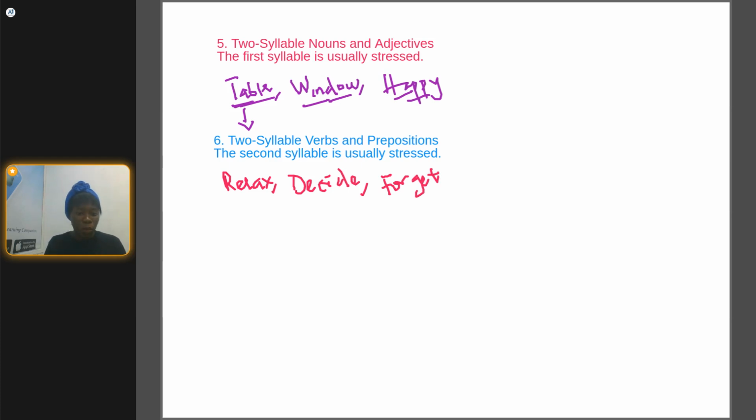These words are two-syllable words, and as you can see, they are verbs here. So it means that the stress is on the second syllable. In relax, we have lax as the stressed syllable. In decide, we have side as the stressed syllable. And in forget, we have get as the stressed syllable.